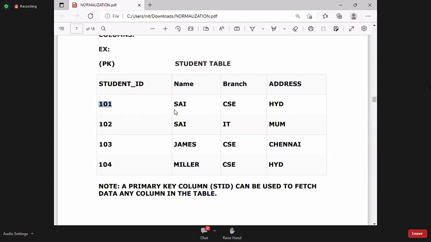This table is called a fully dependency table. How are this table's columns? Fully dependent. That means student name, student branch, student address, all these columns depend on the student ID column. Do you have any partially dependent columns in this table?